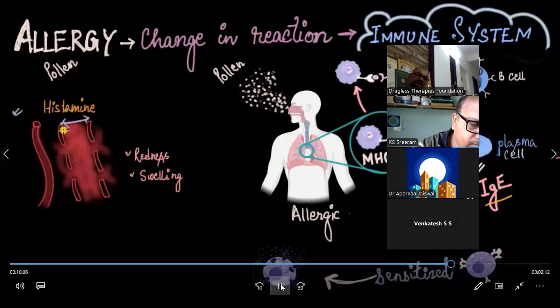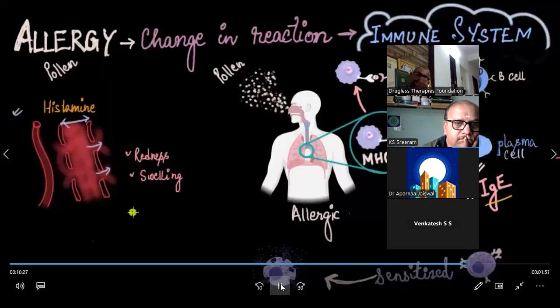As those cells, which we call endothelial cells, shrink, the blood vessels become permeable and fluid rushes out of the blood vessels, causing swelling and redness in that area. And that is why Ram gets that redness and swelling in the nasal area.